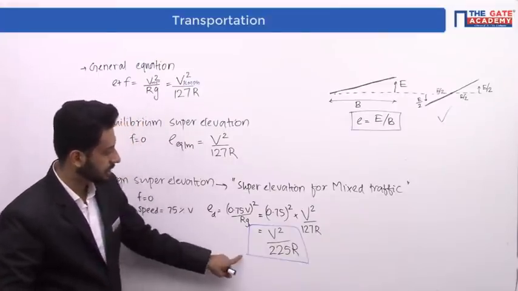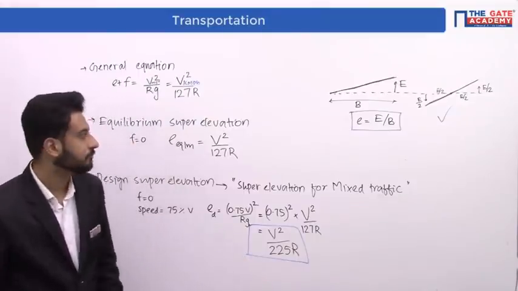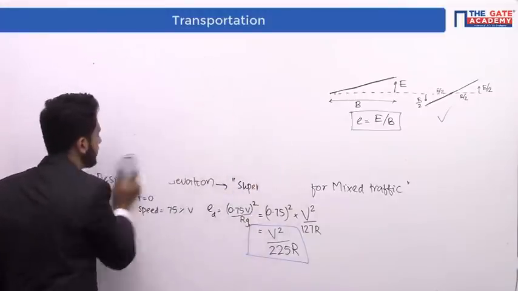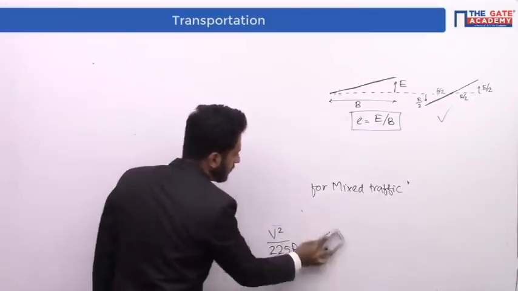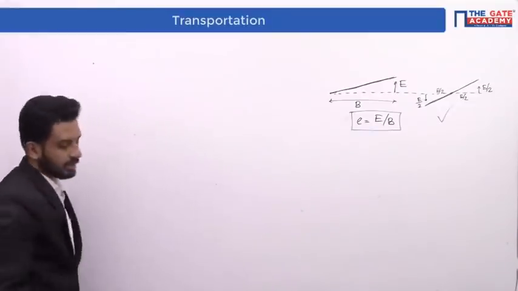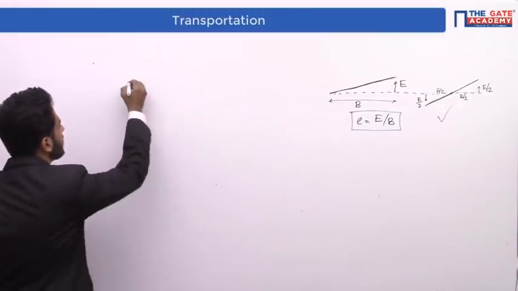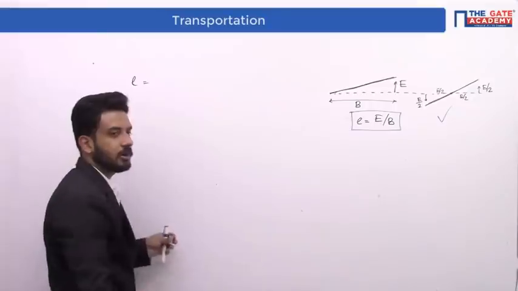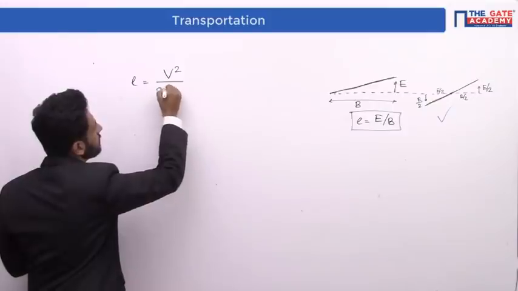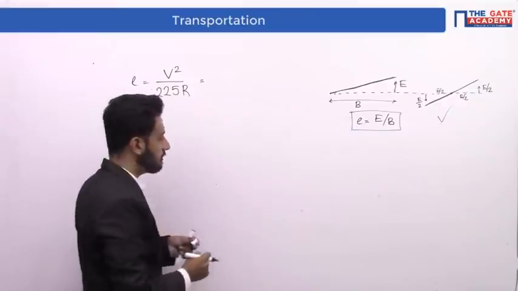So I am proceeding with this equation, V square by 225 R. Understood? I am eliminating the general equation and the equilibrium equation, and finally I am taking the design superelevation, since we have to find it for mixed traffic. So V square by 225 R. What is the value of V?